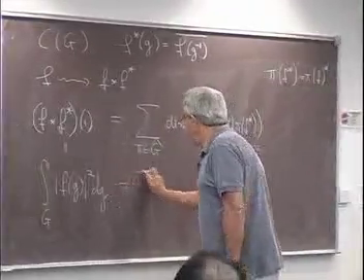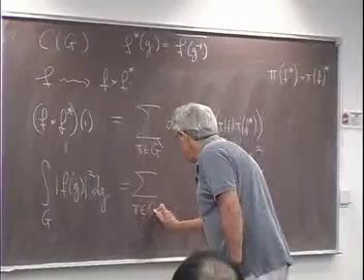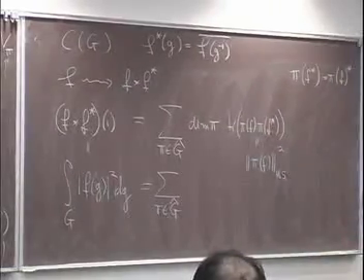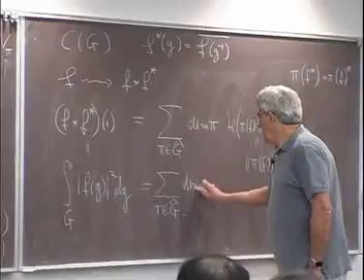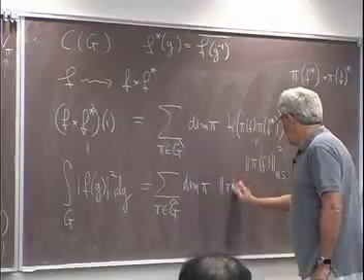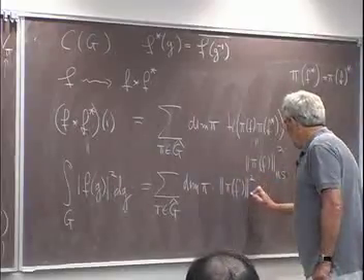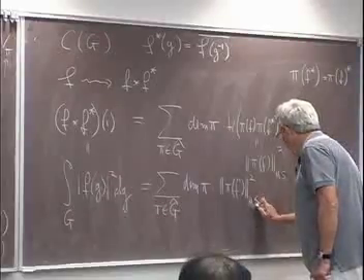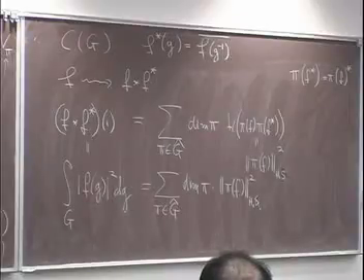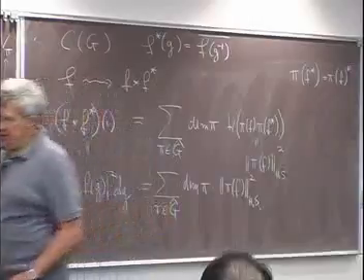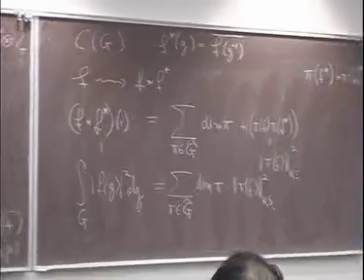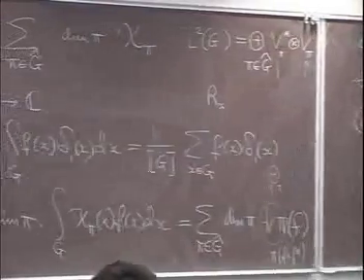We get a formula like this: if I take a function f and calculate its L2 norm, it is equal to the dimension of pi times the square of the Hilbert-Schmidt norm of pi f, and you sum this expression over all irreducible representations of G.